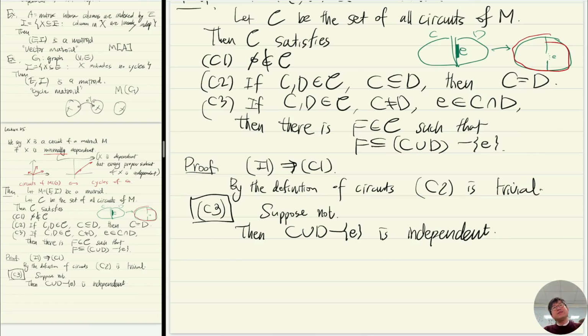Why? Because if it's dependent, then it must contain a minimally dependent set, since the empty set is independent. Since it doesn't contain any circuit, that's not possible. So this is independent, so this is in I.